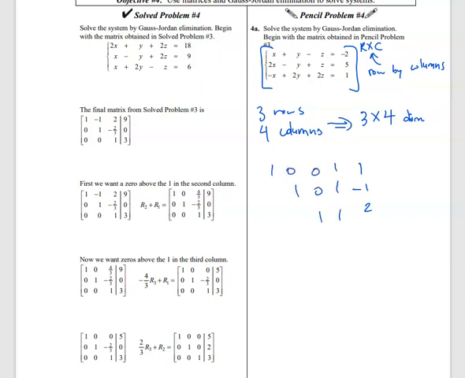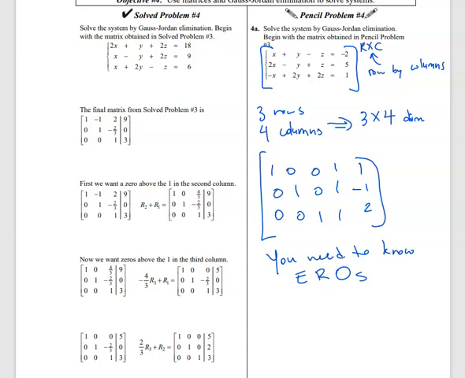We could have obtained it by some number of steps of elementary row operations, but the main thing here to know is you need to know how to do individual elementary row operations, how to go through this whole procedure and manually find reduced row echelon form by doing the elementary row operations.